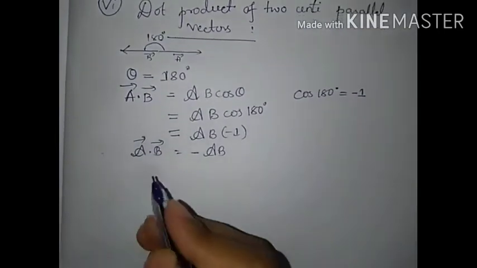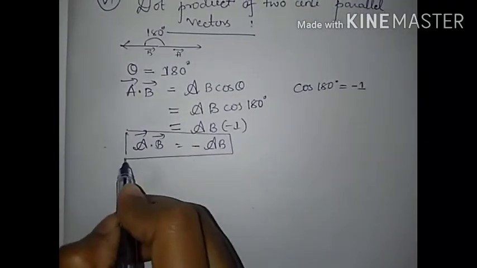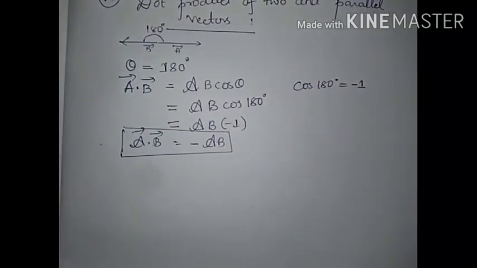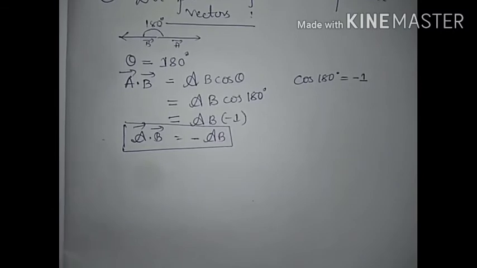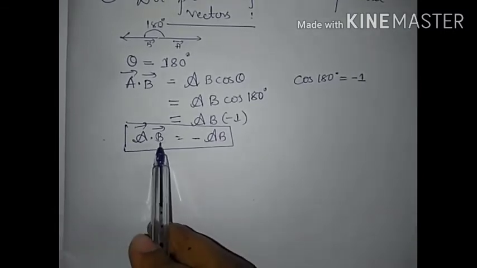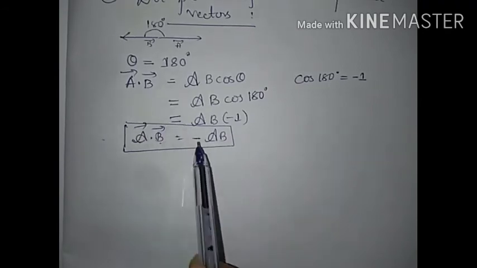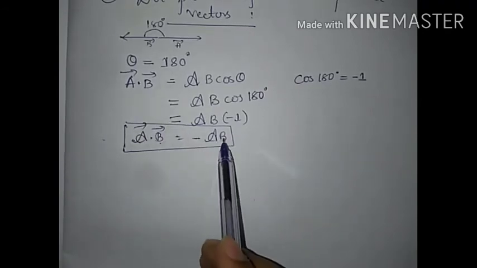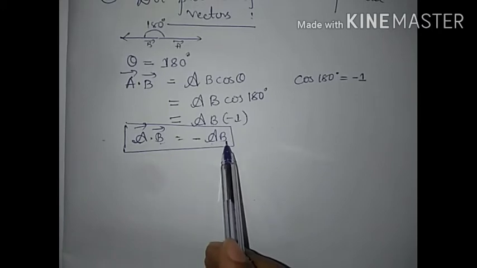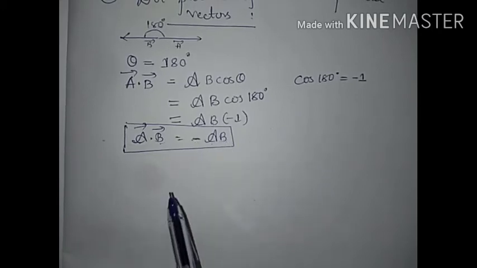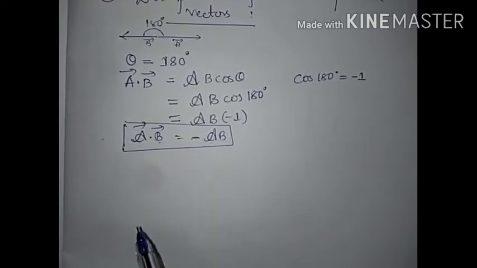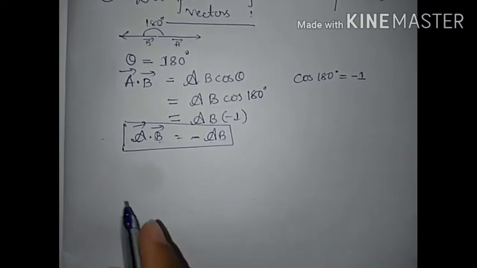So A dot B for two anti-parallel vectors is equal to minus AB. So for two anti-parallel vectors, the dot product will be equal to the product of magnitude of two vectors but in opposite direction. This is the dot product of two anti-parallel vectors.